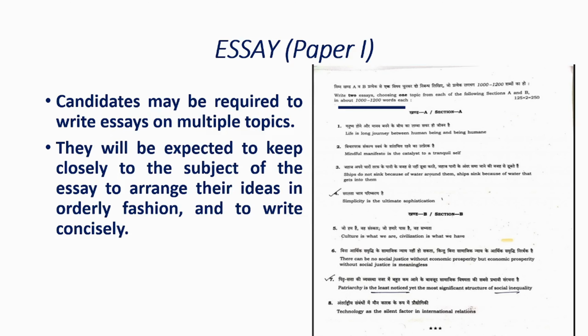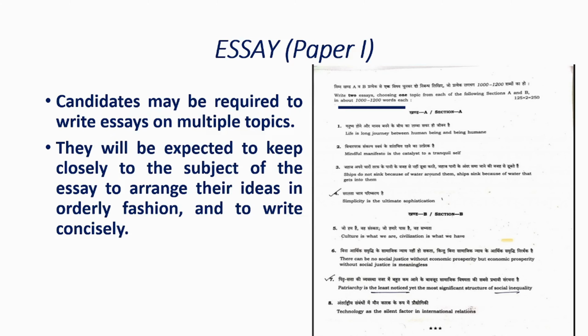So they are asking about culture and civilization. You talk about this. You don't deviate to some random political issue or communal issue, or to some language, or to some science issue and write pages and pages on that. Keep closely to the subject of the essay.